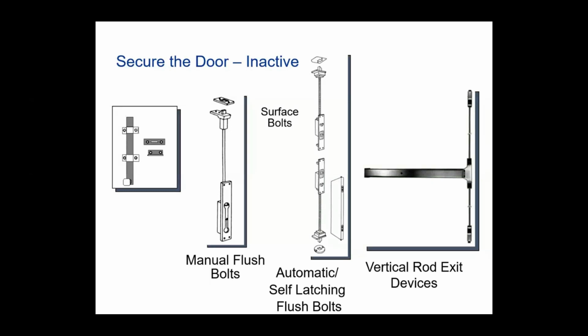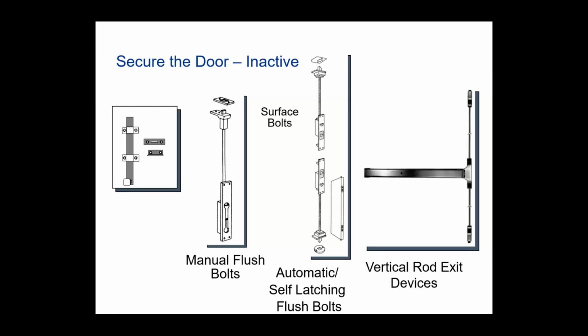The door will slide over those latches and shoot the latch up into the frame and into the floor. Now, there are constant latching flush bolts that will latch every single time that you close the inactive leaf. You'll then have to depress a button for it to open up. But these are some examples of those.